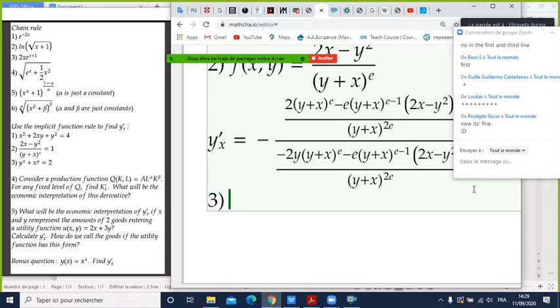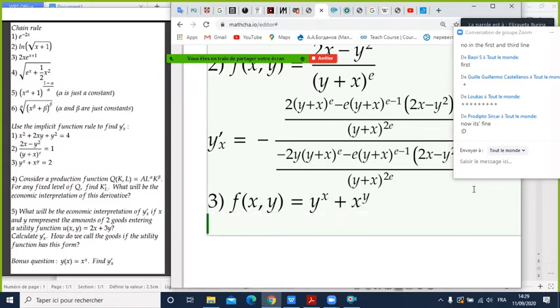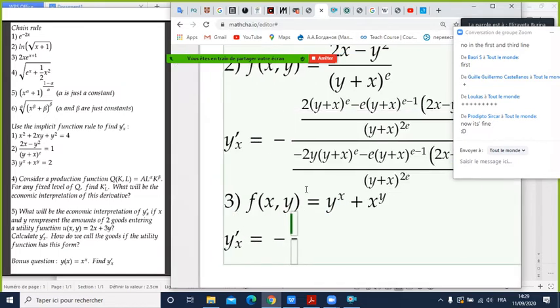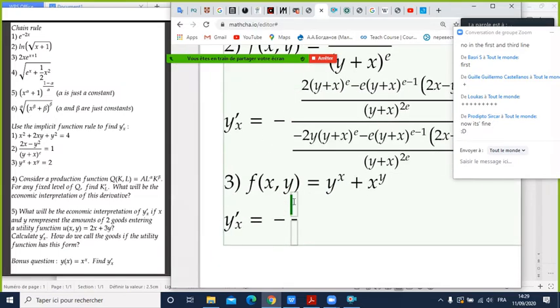And the last one, finally, 3, f of x and y here was y to the power of x plus x to the power of y, y prime x is equal to, okay, so as always minus fraction, and the derivative of this thing with respect to x, right?